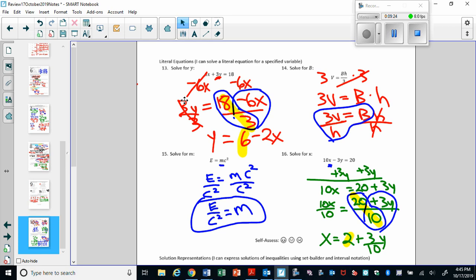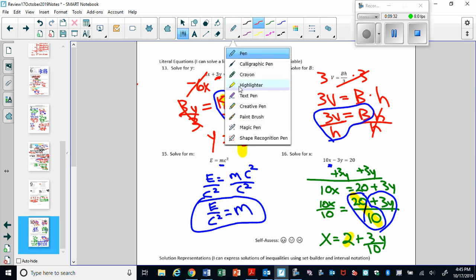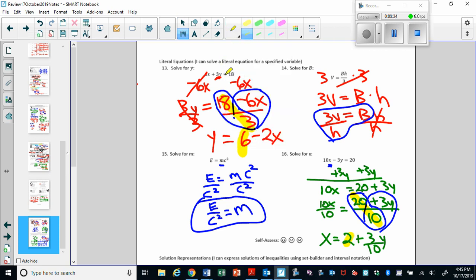These last few problems, number 13, again, we're trying to solve for y, so we need to highlight the variable we're trying to determine. We did this one in class. Again, try to get your variable by itself.